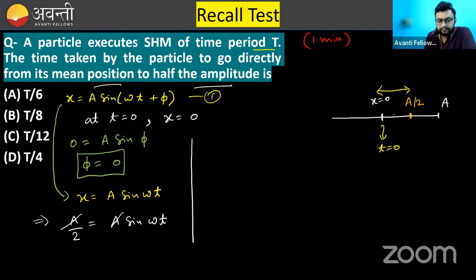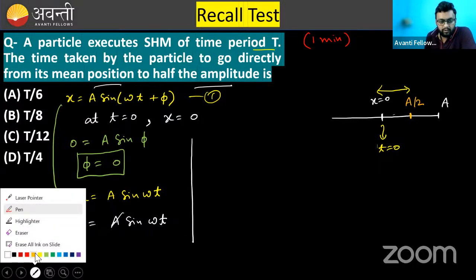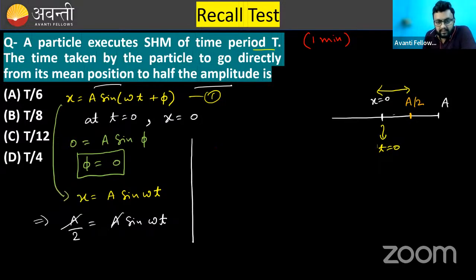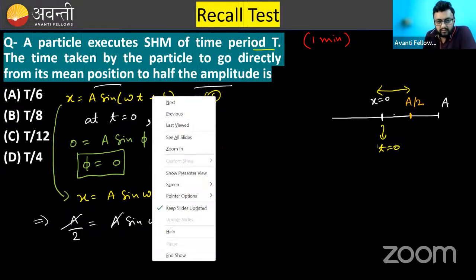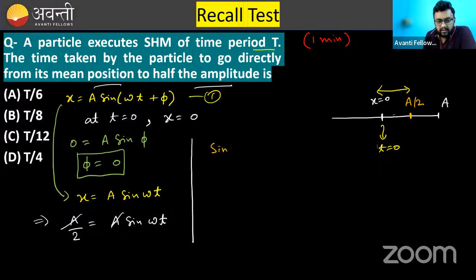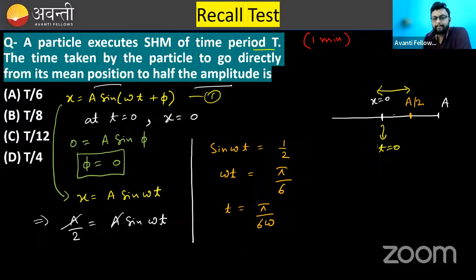What you will get? You will get sine omega t is equals to 1 by 2, or you can say omega t is equals to pi by 6. Sine inverse 1 by 2, which is pi by 6. So t is equals to pi by 6 omega.